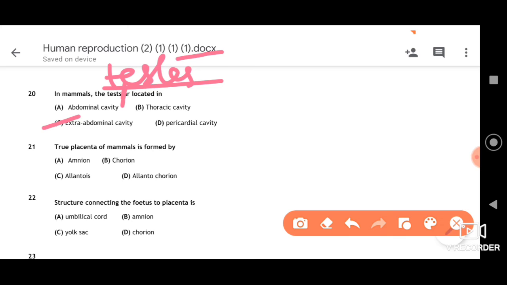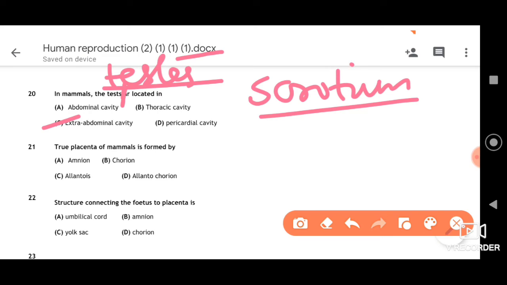Outside the abdominal cavity, there is a pouch called the scrotum, and the testes are situated in the scrotum, as I already discussed. The scrotum provides a temperature 2 to 2.5 degrees Celsius lower, which is necessary for spermatogenesis, the formation of sperms, my friends. So the right answer is extra-abdominal cavity.